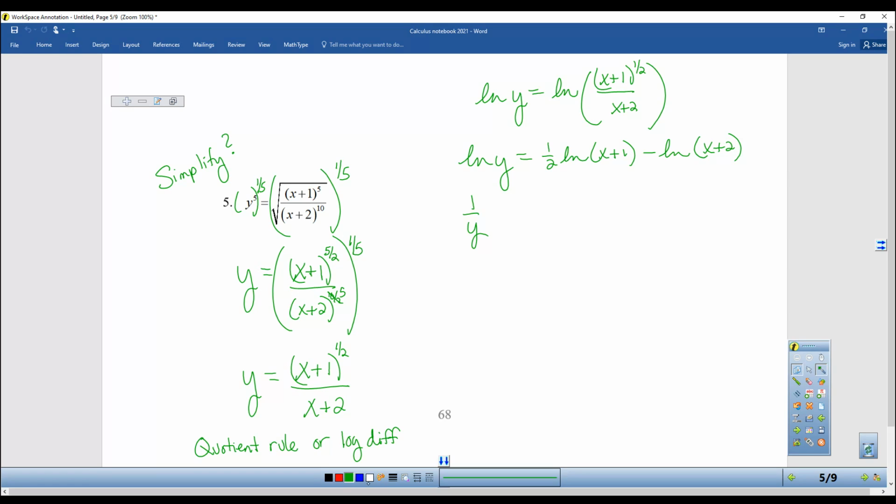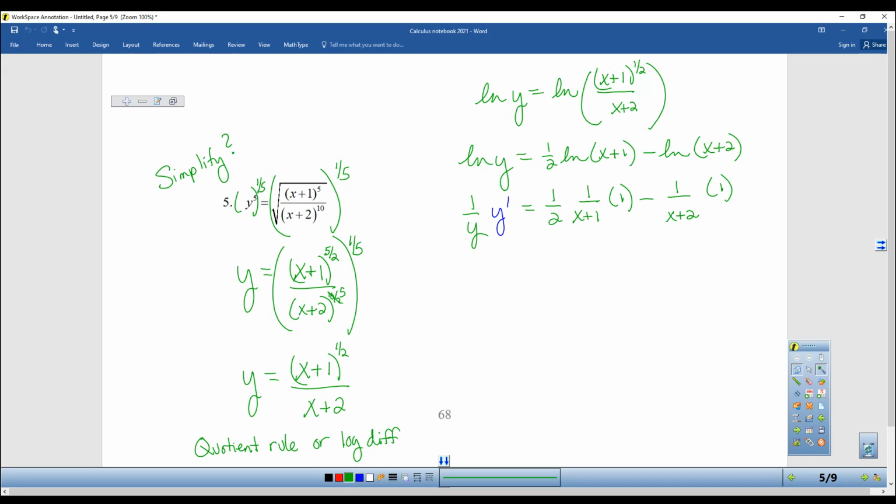This becomes 1 over y times y prime is equal to 1 over 2, this is my u, 1 over u du, minus, now this is my u, 1 over u du.